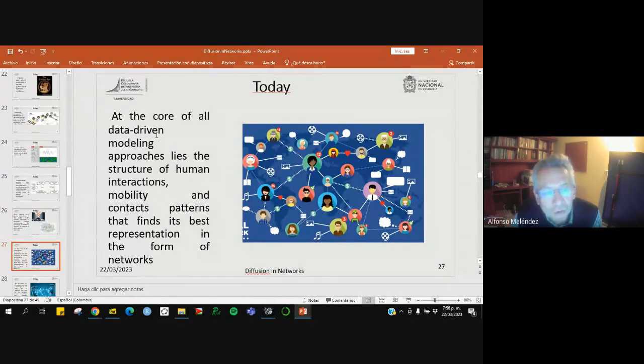At the core of all data-driven modeling approaches lies the structure of human interactions, mobility and context patterns that facilitate representation in the form of data. This is an important point. Guys, cell phones are a very important tool for epidemics.